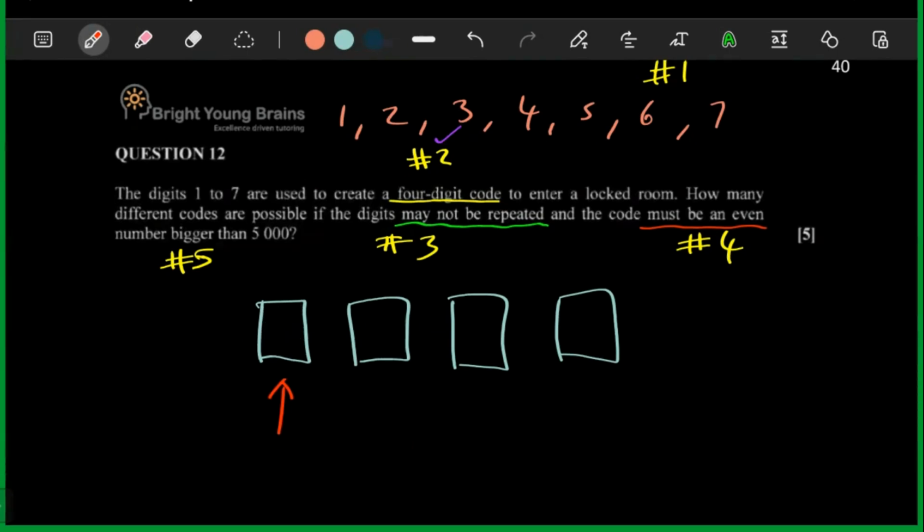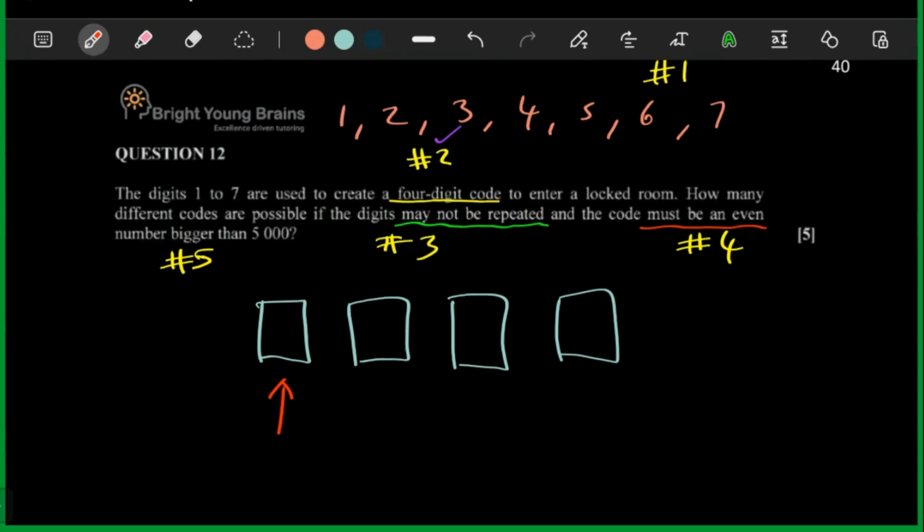That's how these kinds of questions work. You work in terms of how many options can you place in a certain position. So you say to yourself, how many numbers can potentially be in here? It cannot be 1, 2, 3, or 4. The numbers that can potentially be here, it's only 5, 6, and 7. Do you agree?